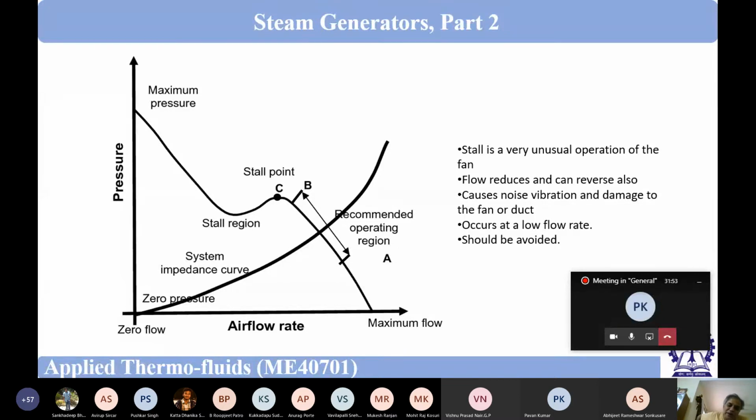If we increase the air flow rate, delta P or pressure demand by this duct will increase. That is what is shown by this particular curve, is it not? Look carefully. For this curve, as air flow rate is increasing, our delta P is decreasing. For this curve, as air flow rate is increasing, delta P is also increasing.